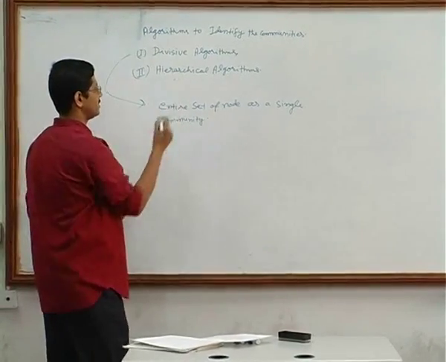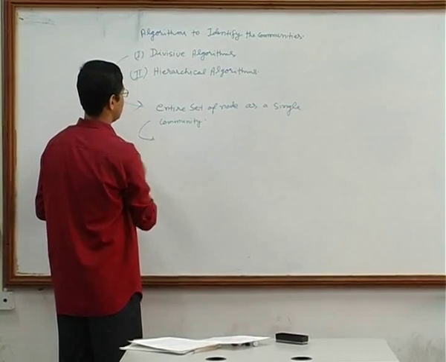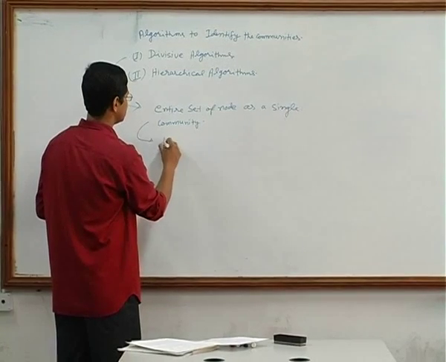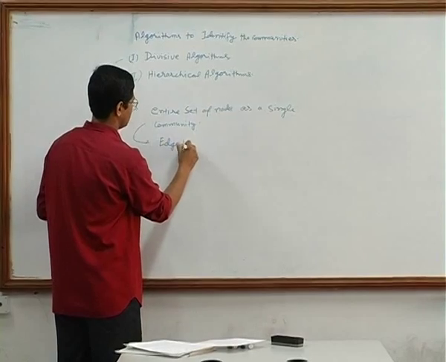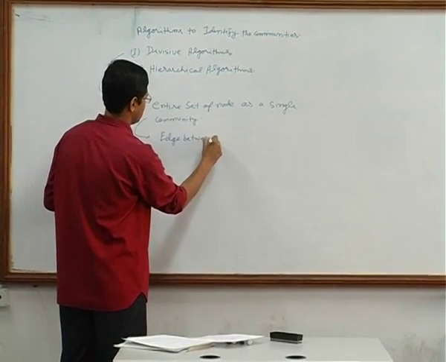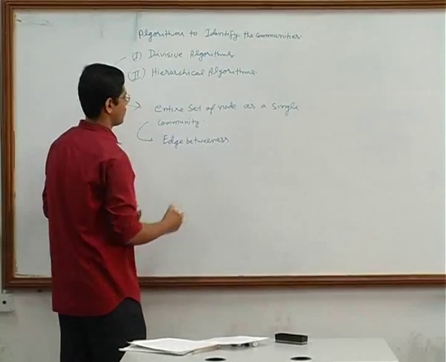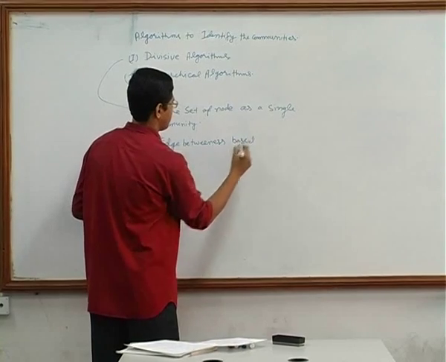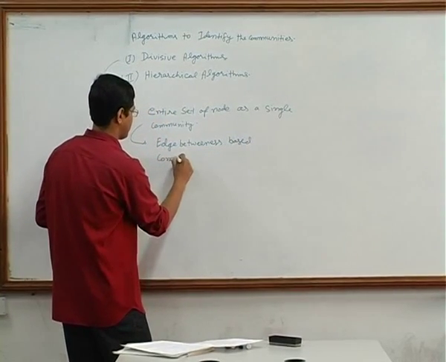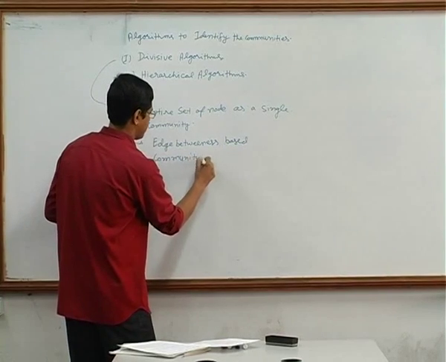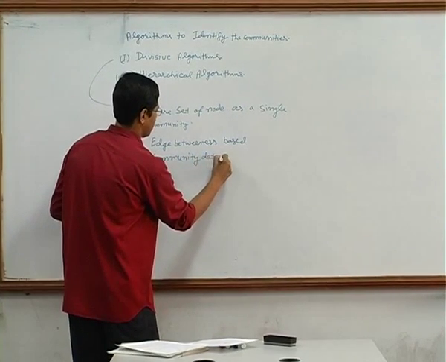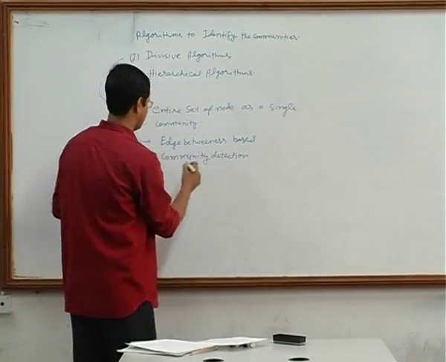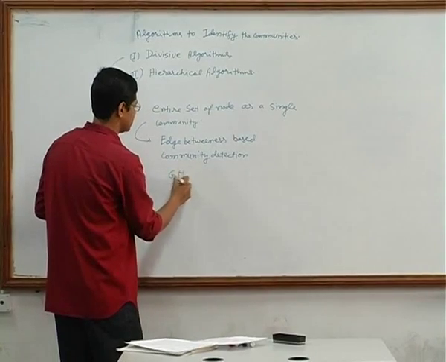The most famous divisive algorithm is the one using edge betweenness. The edge betweenness based community detection algorithm was proposed by Girvan and Newman, also known as the GN algorithm.